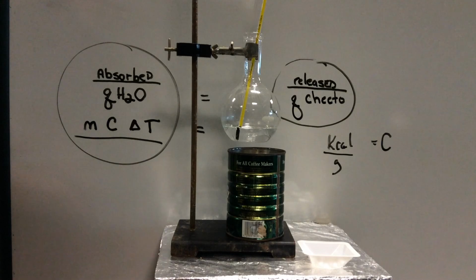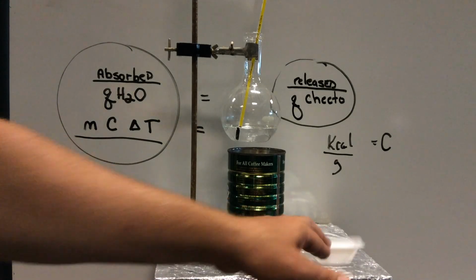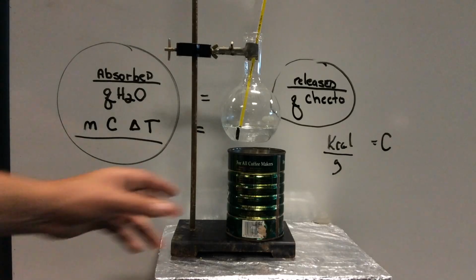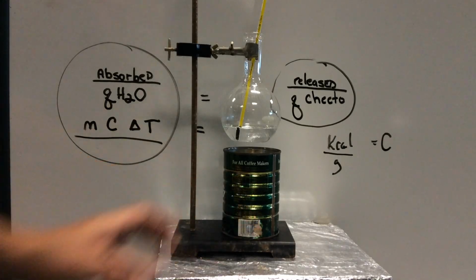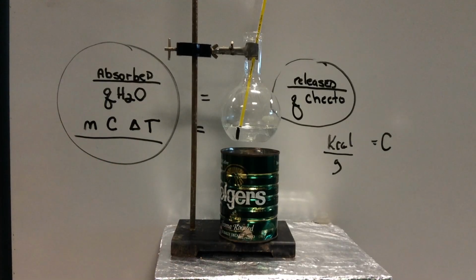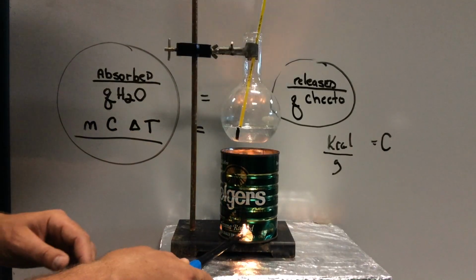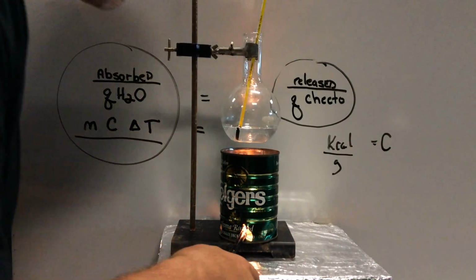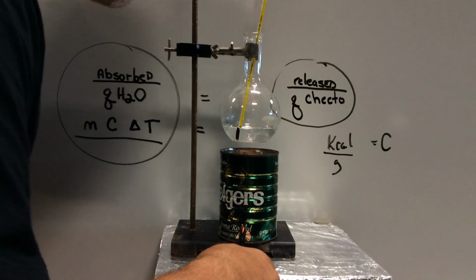So I'm going to light this now. And when I light this, we're going to witness a pretty good exothermic reaction here. Okay, and then I'm going to lower this down. So hopefully I can light this Cheeto. Big enough flame. Got to look inside, see what I'm doing.